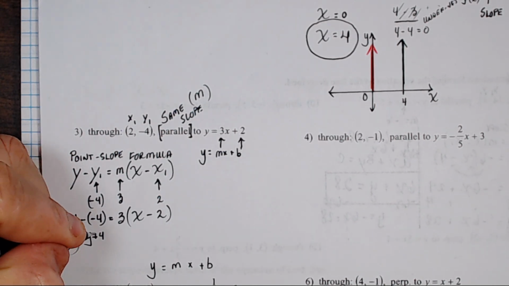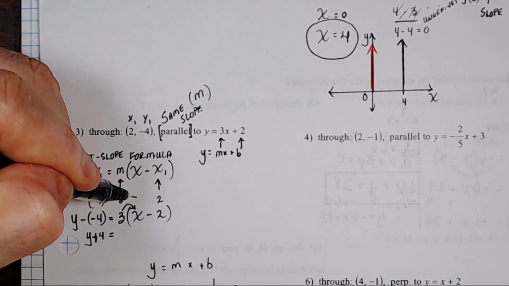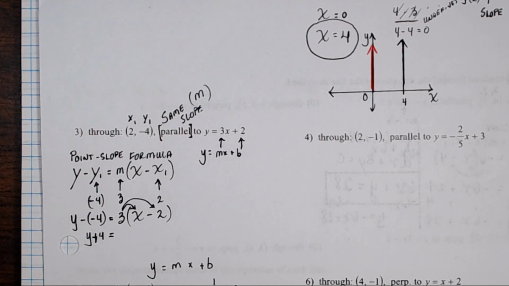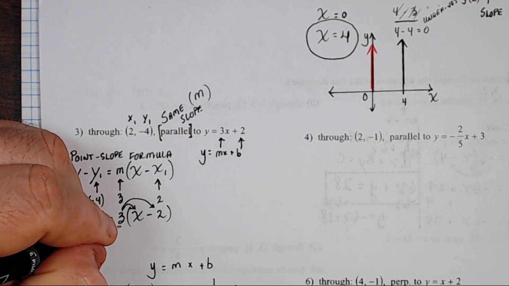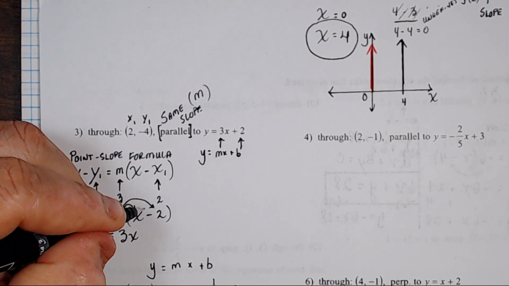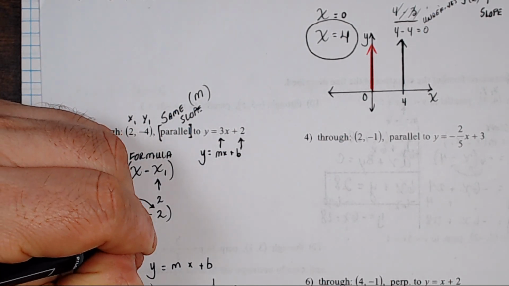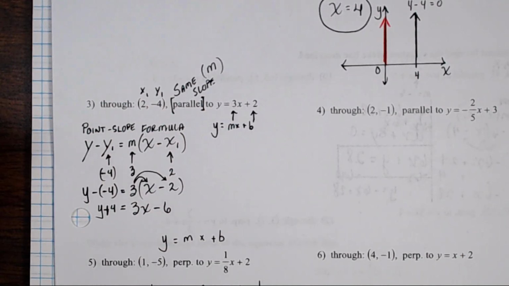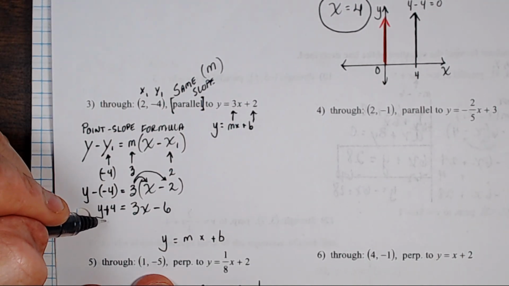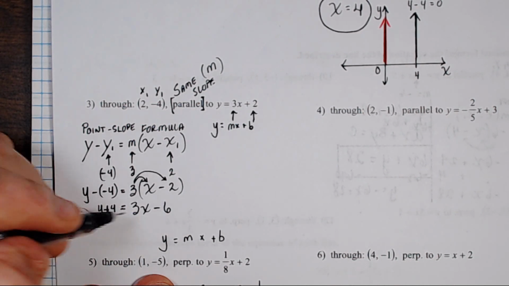Y plus 4 equals, now distribute the 3, so we have 3 times x, which is just 3x, and then 3 times negative 2, so I've got negative 6. Now to finish solving, I have to get rid of this 4. I've got a positive 4 next to the y. He needs to go over here.